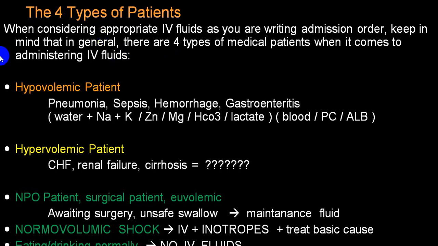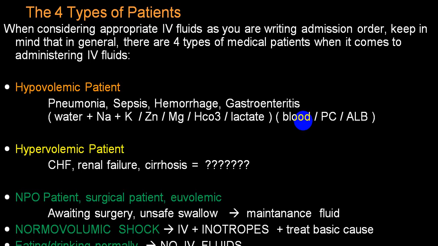One of the groups we call hypovolemic patients, who have pneumonia, sepsis, hemorrhage, gastroenteritis, and many more, where you've got deficiency of water plus electrolytes, and they may have acid base imbalance also. By blood parameter, you can identify hypovolemia, that is loss of water, by getting hematocrit.